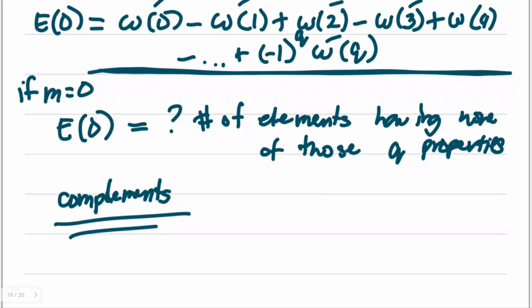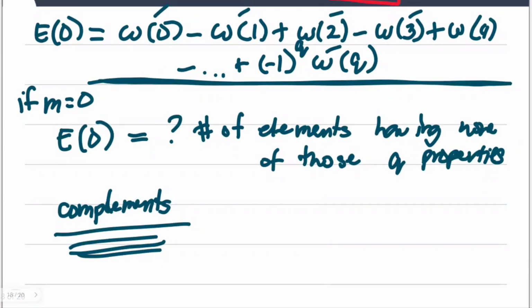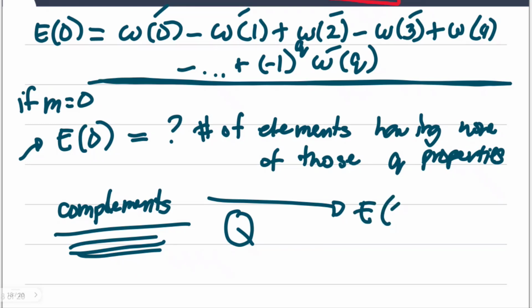If we are given, say, x sub 1, x sub 2, and x sub 3 with a certain characteristic that can't be solved in a straightforward manner, especially if it involves inequalities, we're going to use the idea of the complement of that problem, solve for it, and use E of 0, where the result identified is none of the q properties, and it's the complement.